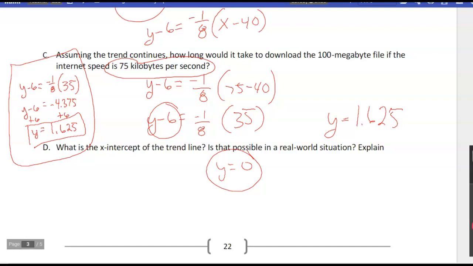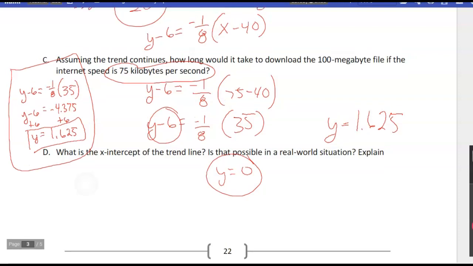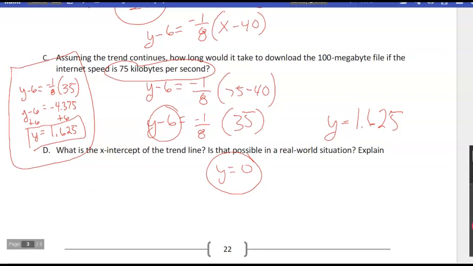And what does that mean? Well, we'll get to what it means here in a second, but let's finish this up. So we have 0 minus 6 equals negative 1/8 times x minus 40.